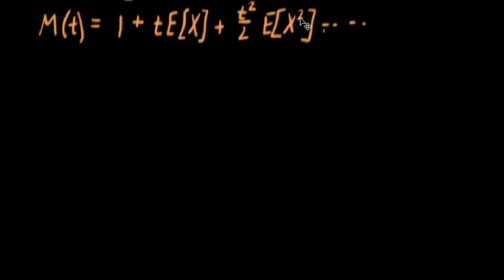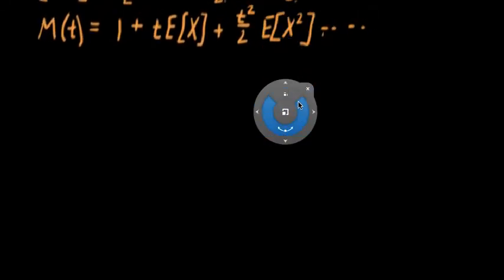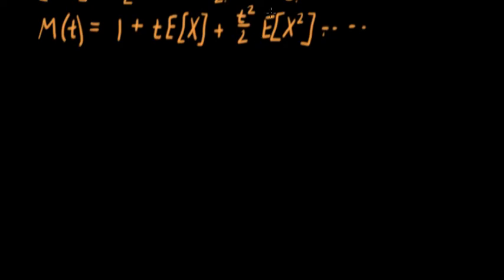Well, let's see what happens when we start to take derivatives of our moment generating function. It turns out that we can take the derivative of this function just by taking the derivative of each term. We won't go into why that is, but that works out with power series.